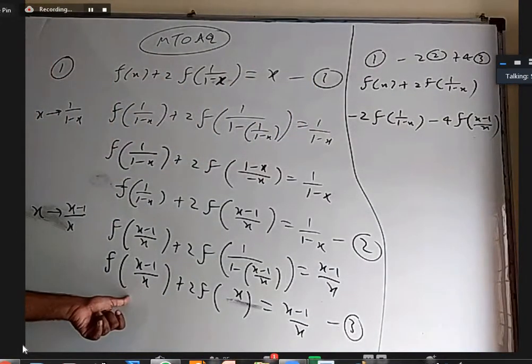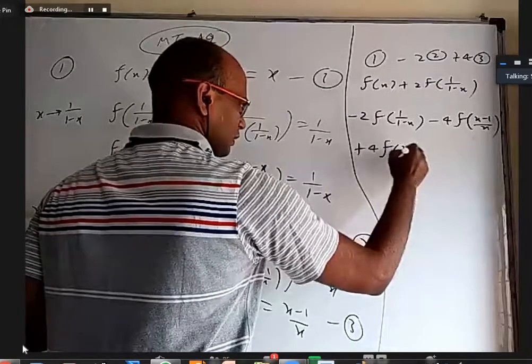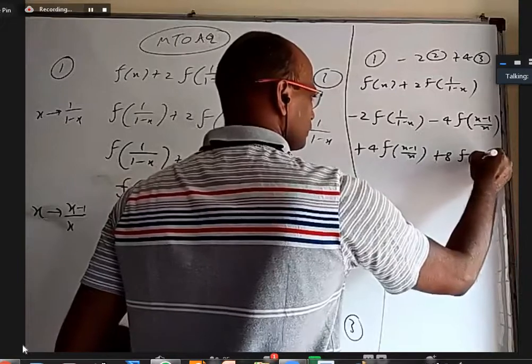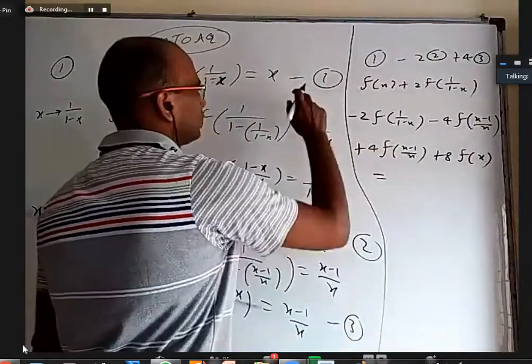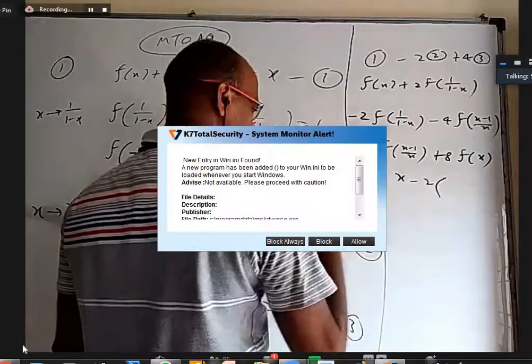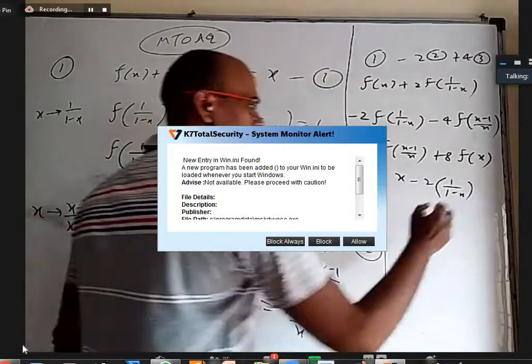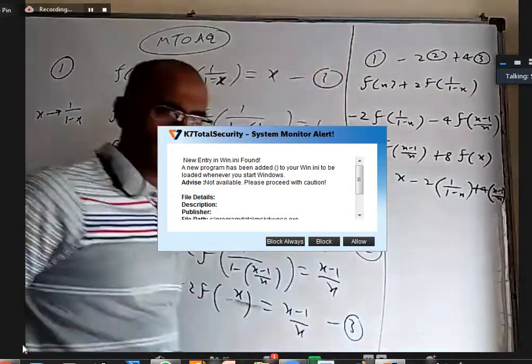This one I multiply with 4 and add 4 times f((x - 1)/x) + 8f(x) equal to x - 2 times 1/(1 - x) + 4 times (x - 1)/x.